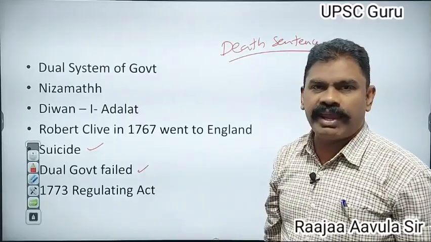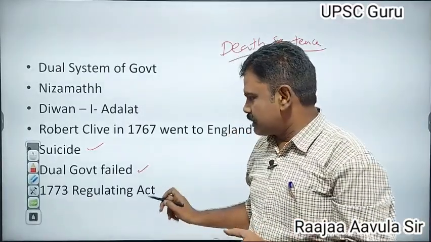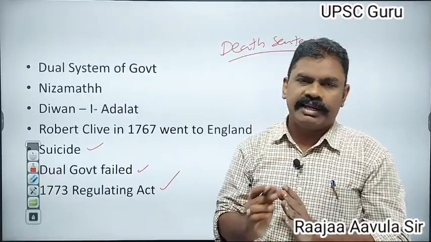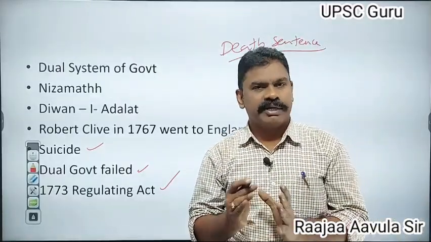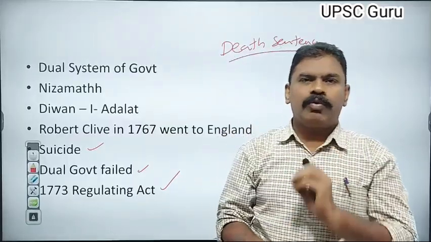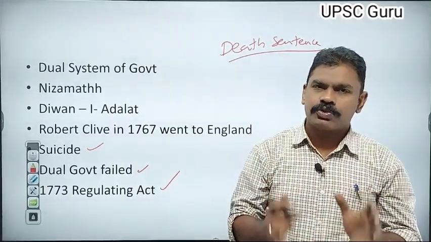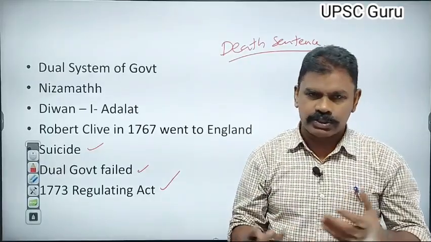The dual government failed. After the failure of the dual government, in 1773, a Regulating Act was introduced by the British East India Company. So this is about the Bengal Wars, the Plassey War and Buxar War. These two wars are completed in this video.